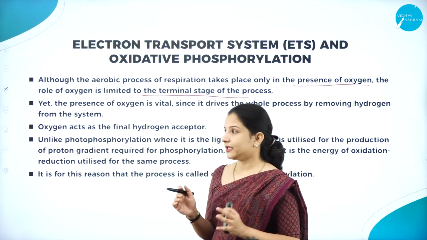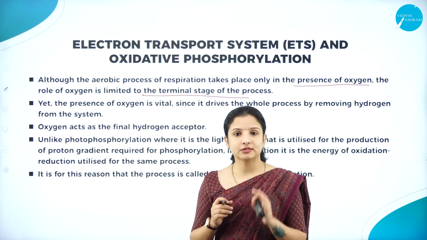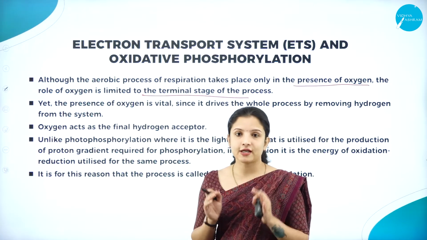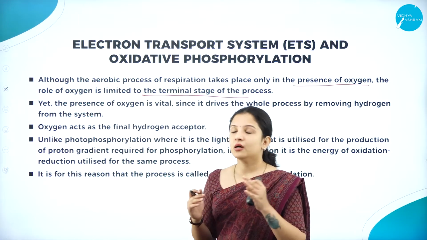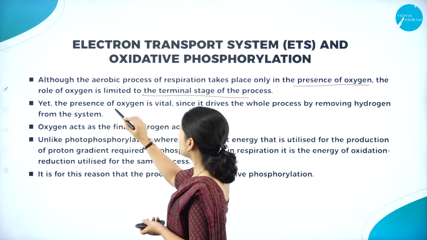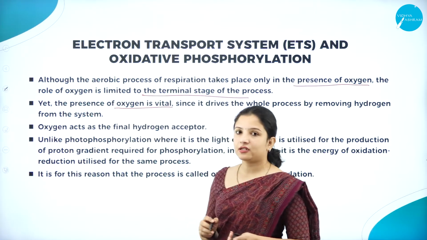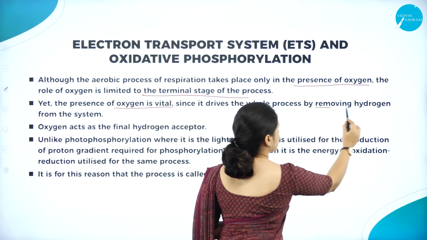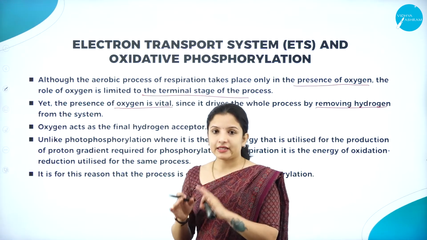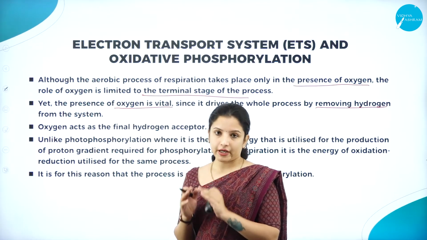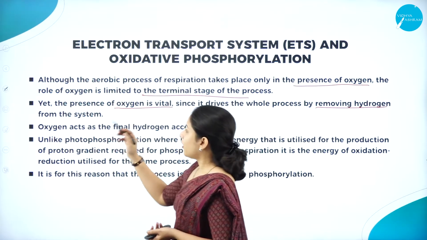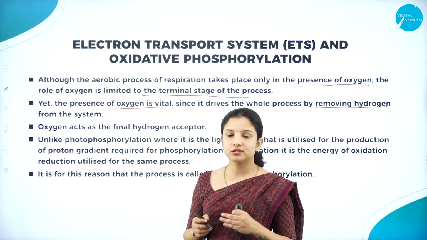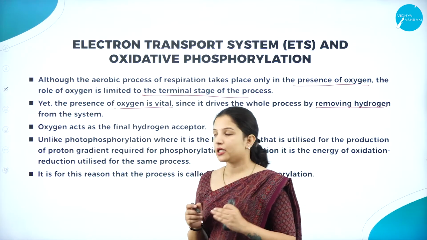So oxygen is needed not just in the terminal stage of the electron transport system, but it is also very vital for removing the hydrogen from the NADH in the matrix of the mitochondria. So throughout the electron transport system, oxygen is very important.